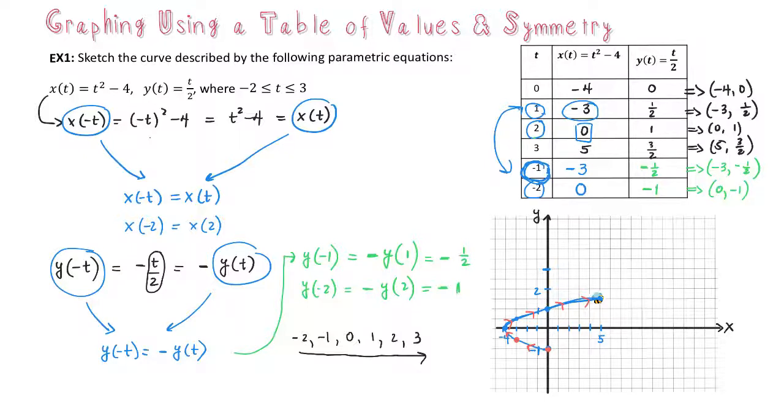So that point corresponds to t equals -2. Then this point over here corresponds to t equals -1. Then this one here corresponds to t equals 0. Then this one corresponds to t equals 1. This one corresponds to t equals 2. And finally, this one corresponds to t equals 3. And now the diagram is complete.